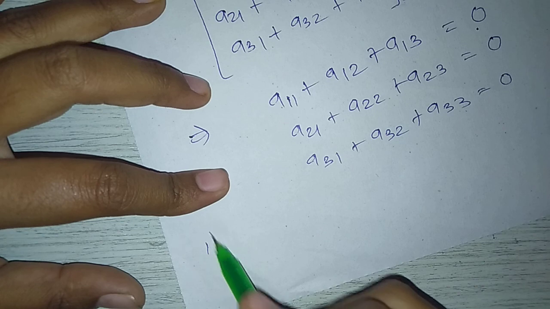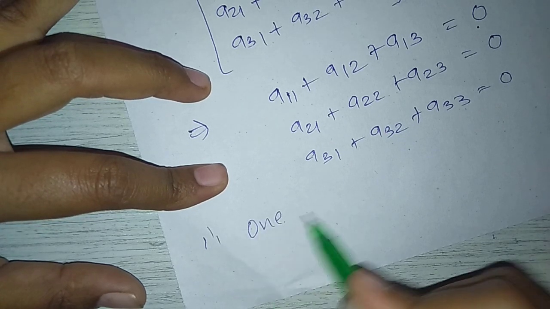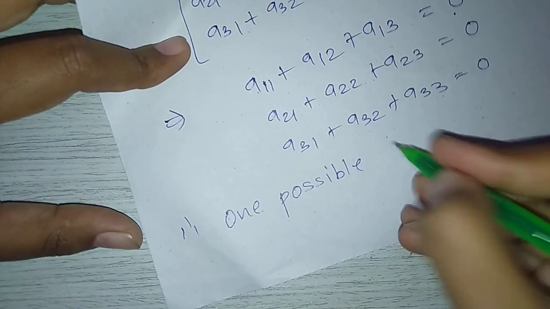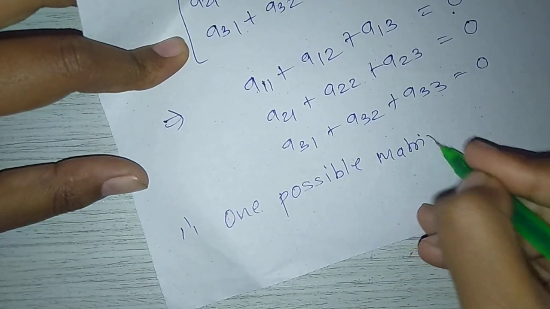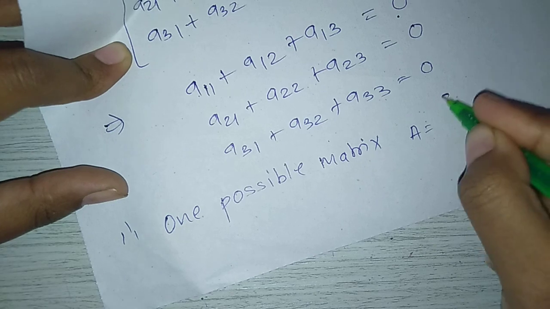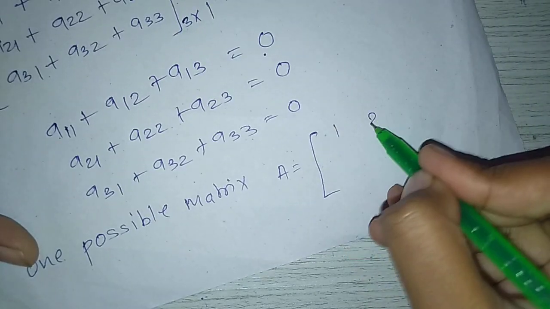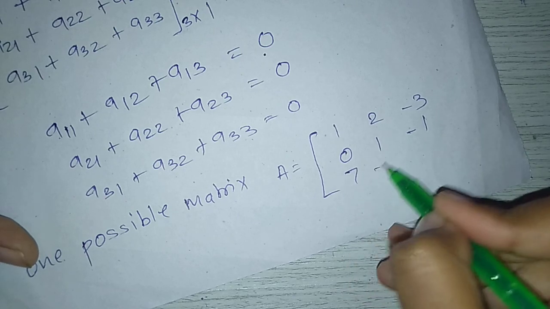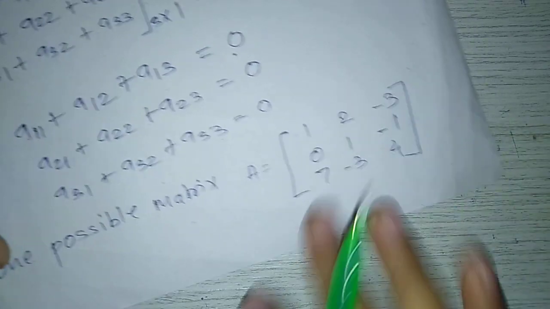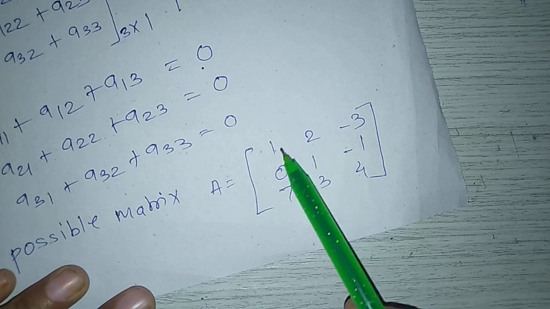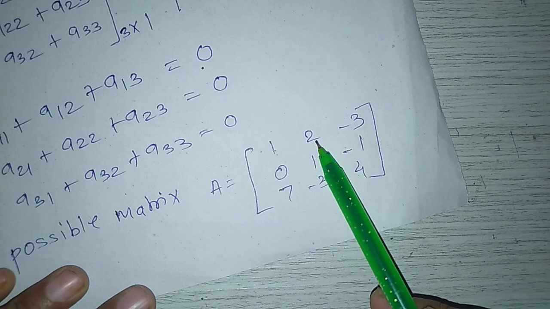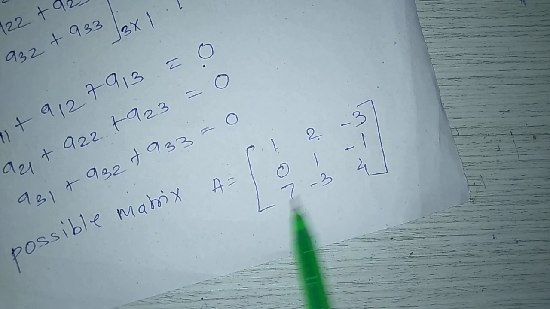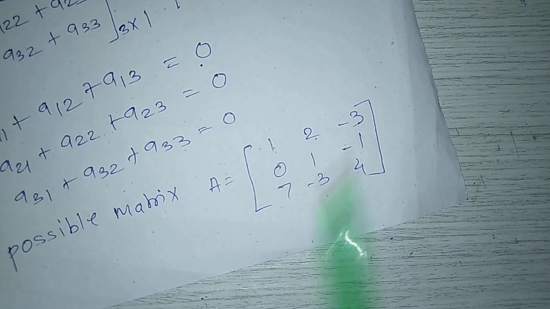Therefore, one possible matrix A equal to [1, 2, -3; 0, 1, -1; 7, -3, 4]. Here A11 is 1, A12 equal to 2, A13 equal to minus 3, and similarly for the others.